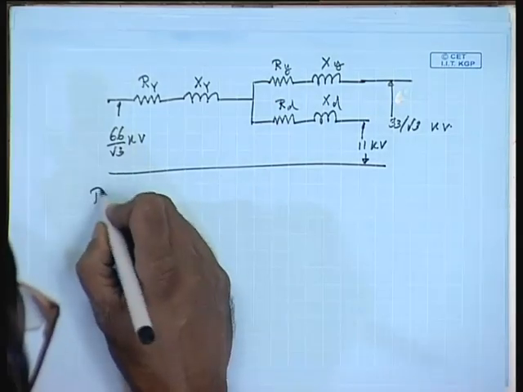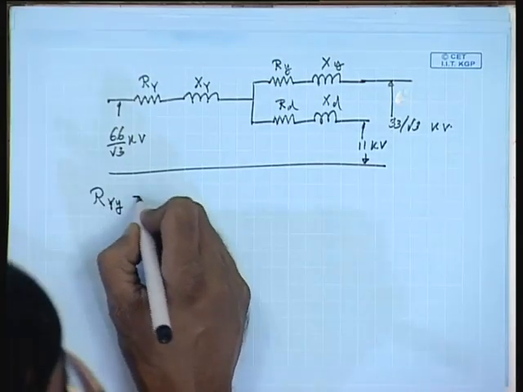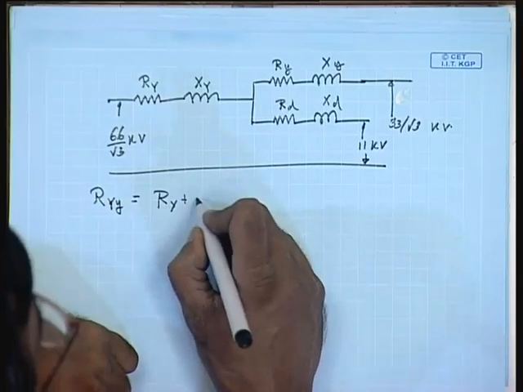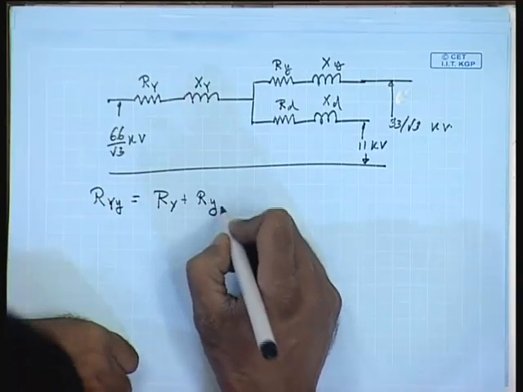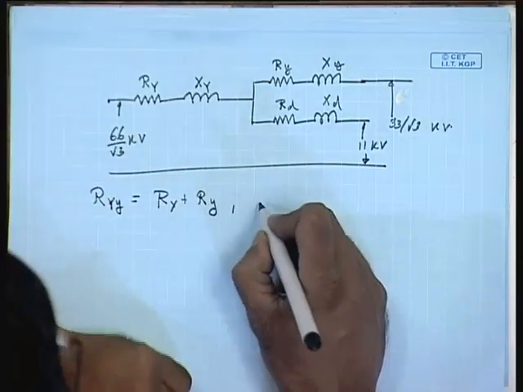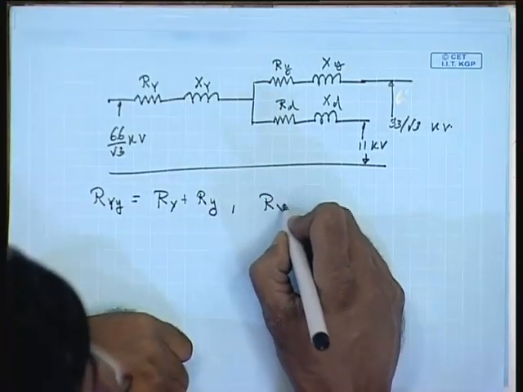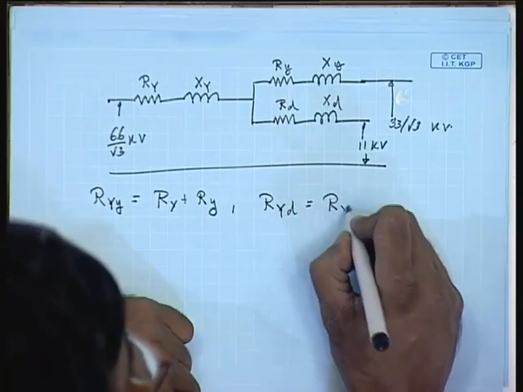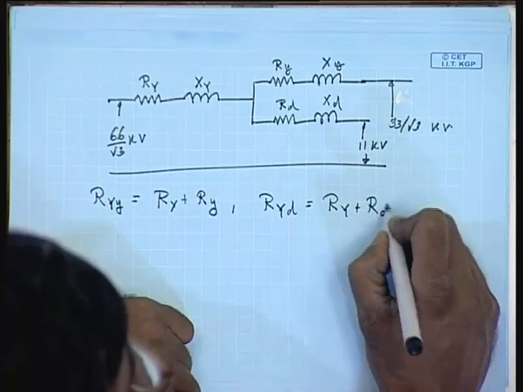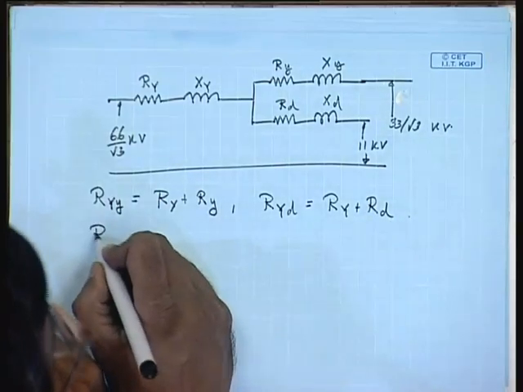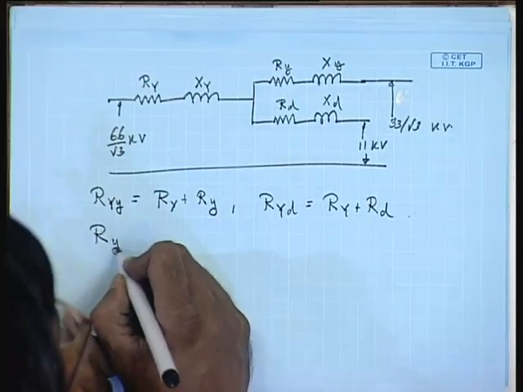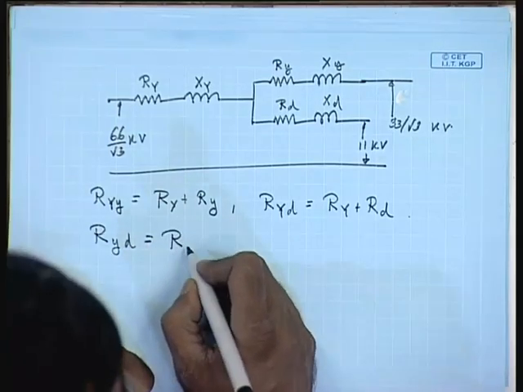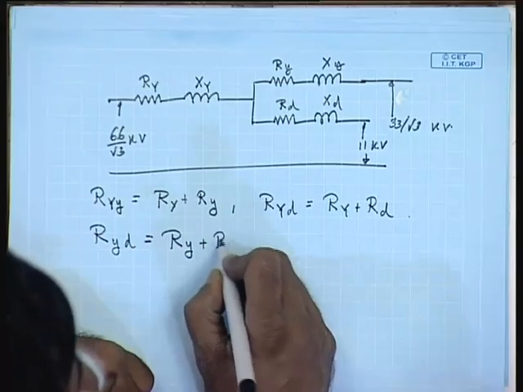Now, RYY equal to R capital Y plus R small y. Similarly, RYD equal to R capital Y plus R small d, and R small yd equal to R small y plus R small d.